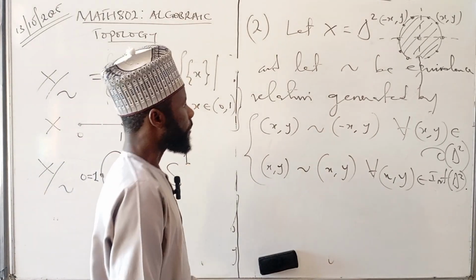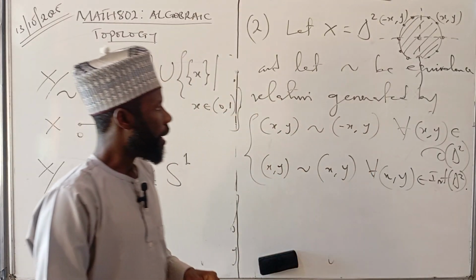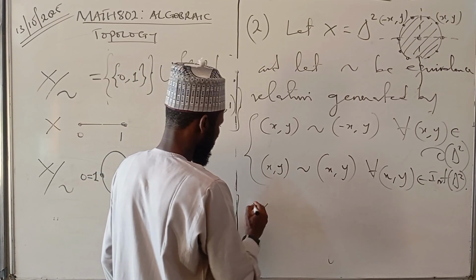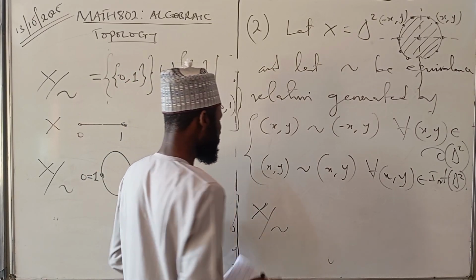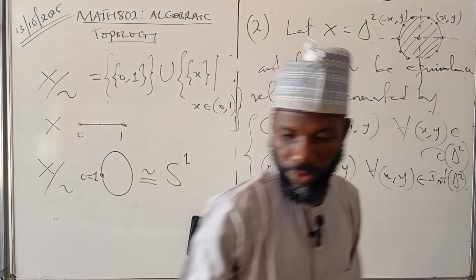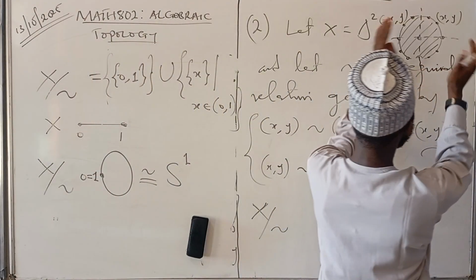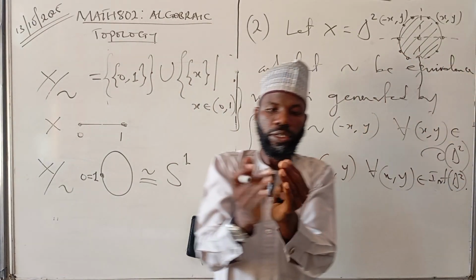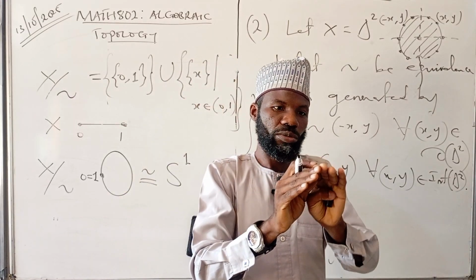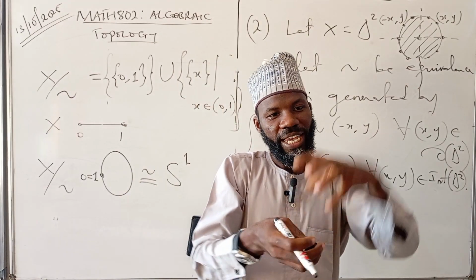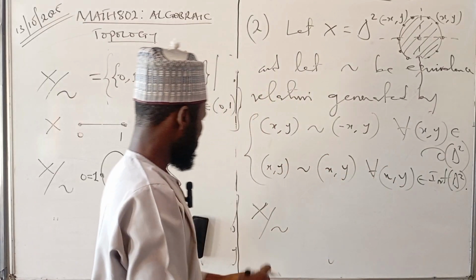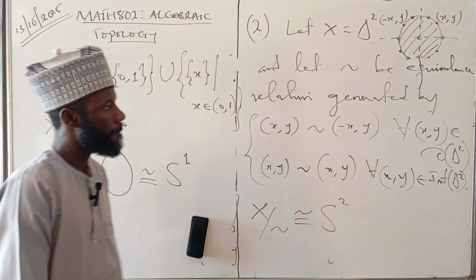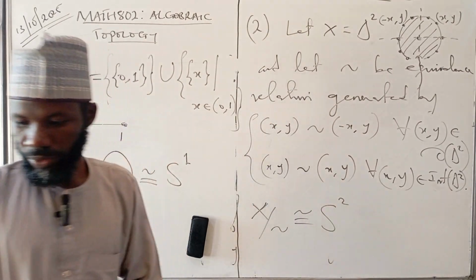With the equivalence relation generated by this, what will X by tilde be? If you visualize what goes on there, when you fold a disk and identify the side by side points, the resulting space will be like a sphere, because inside is still hollow. So it will be homeomorphic to S2, a sphere. I hope it's okay.